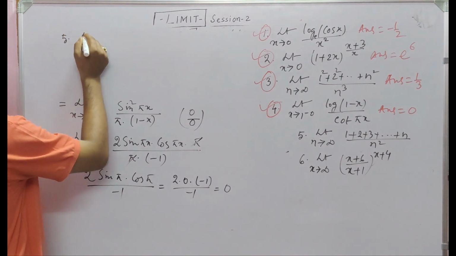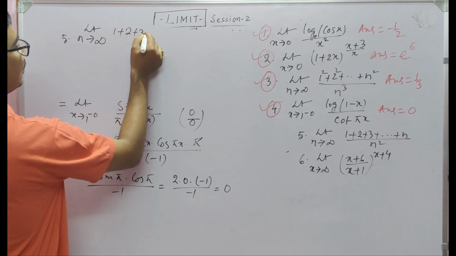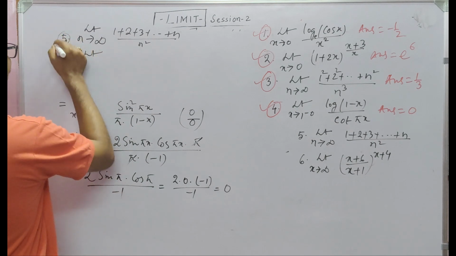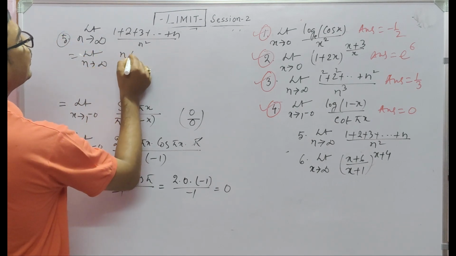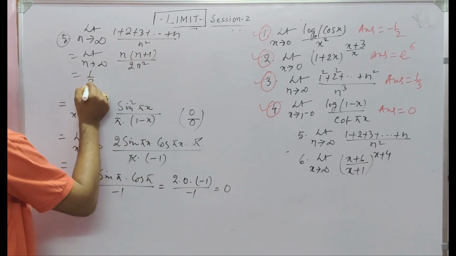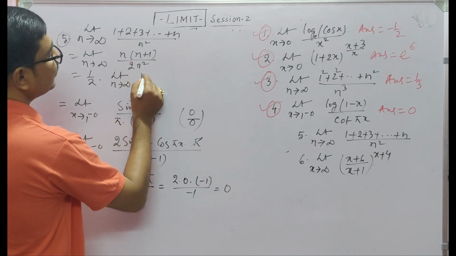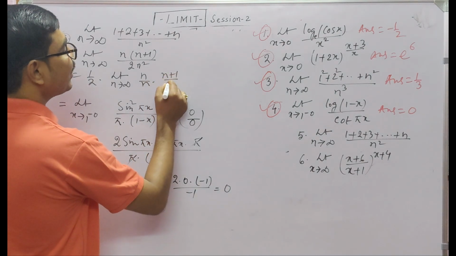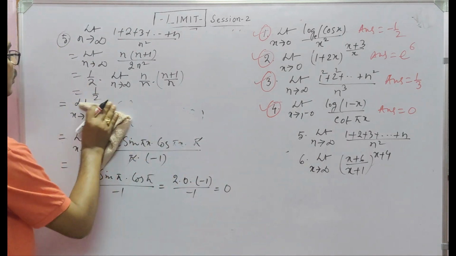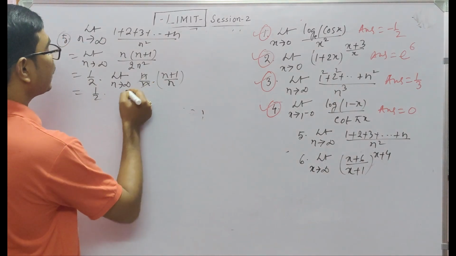দেখো, 5 নম্বরের কোশ্চেন সলভ করি। Limit n tends to infinite, 1 plus 2 plus 3 plus up to n, by n square. That is limit n tends to infinite, n into n plus 1 by 2, that is n square, where 2 is constant. Now n square means n by n into n plus 1 by n, so that is the half, and n cancels out.